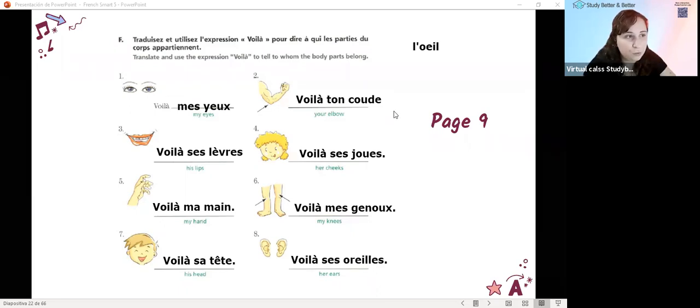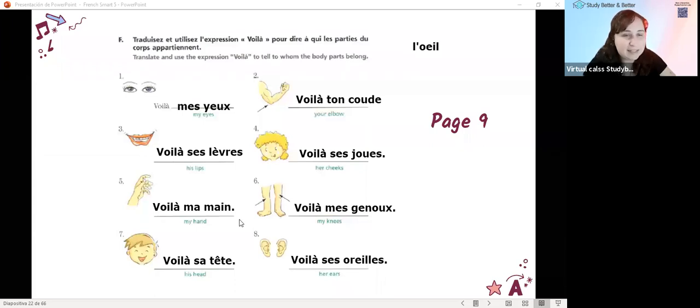Voilà ton coude, it's your elbow. Voilà ses lèvres, his lips. Voilà ses joues, her cheeks. Voilà ma main, my hand. Voilà mes genoux, my knees. Voilà sa tête, his head, and voilà ses oreilles, her ears.